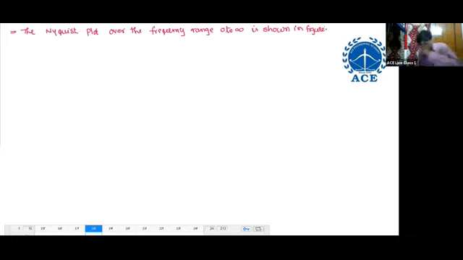The Nyquist plot for the frequency range 0 to infinity is shown in figure. Identify the closed loop stability.